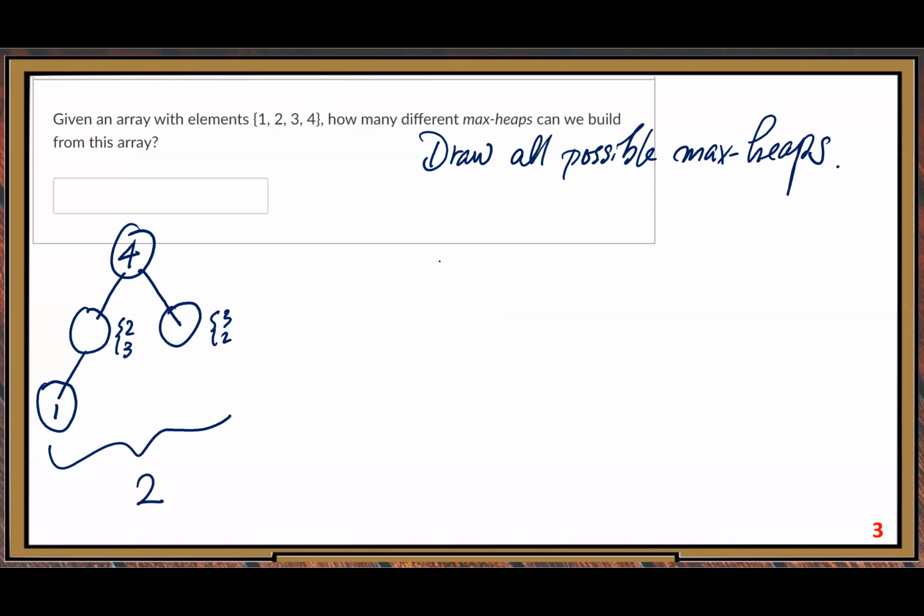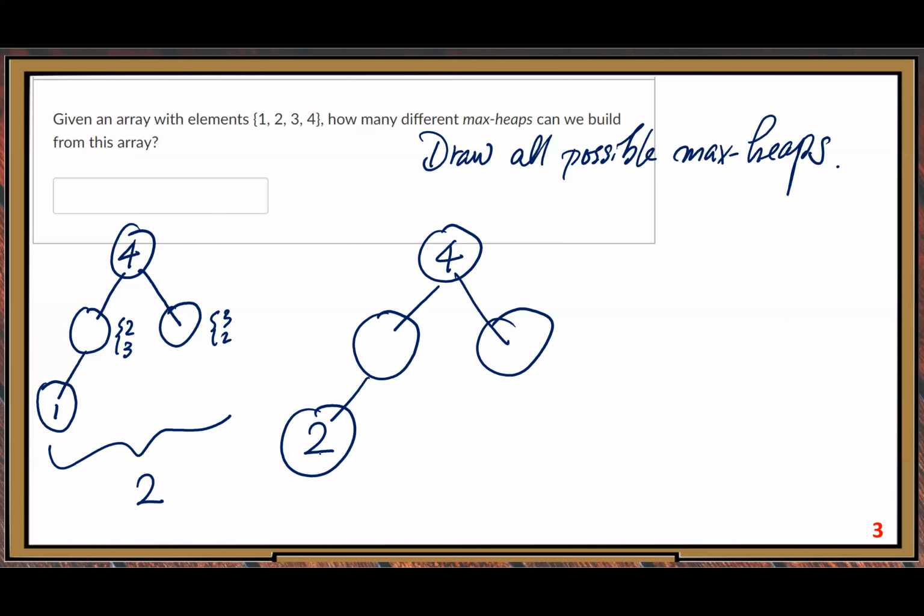Then another possibility. You can also put a 2 there, right? If you put 2 there, 1 must be there, and 3 must be here, because you cannot put a 1 there. The parent number should be greater than or equal to the child number.